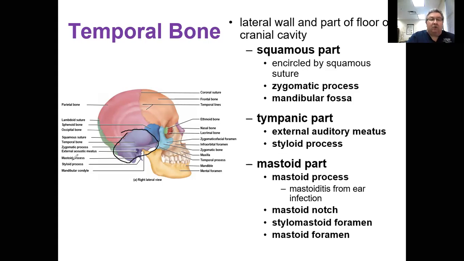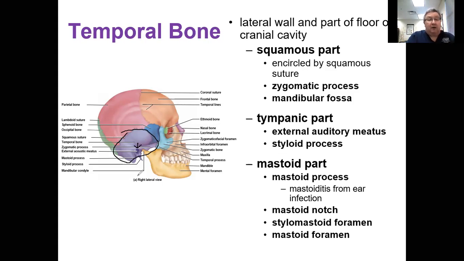The external auditory meatus is this area right here that I am pointing to with this arrow, and it is basically the hole of the ear. Of course, we have to have a special name for it because it's the human body. So the ear hole is known as the external auditory meatus, and it is part of the temporal bone.